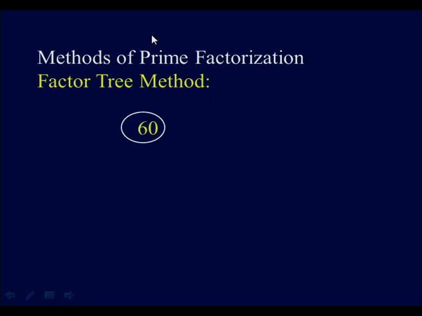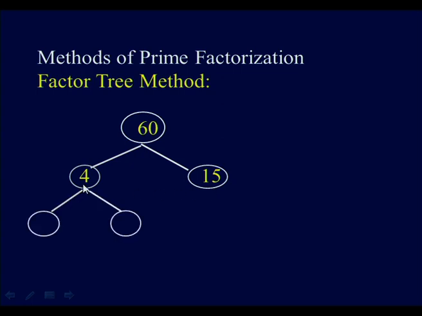First one, factor tree method. 60, as we all know, can be written as the product of two numbers. As you can see here, it is 4 into 15 gives you 60. Further factorize 4. Yes, 4 can be factorized as the product of two more numbers, and 15 can also be factorized as the product of two more numbers.